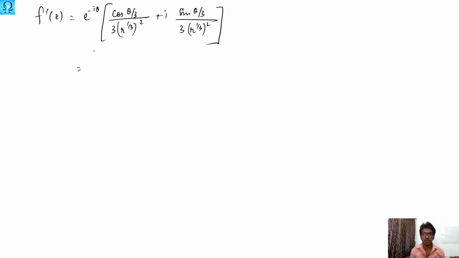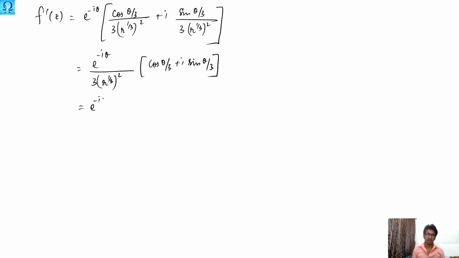Okay, if you take these things outside, you are going to have e to the power minus iota times of theta upon 3 r to the power 1 upon 3 whole squared, and this would be cosine theta upon 3 plus iota times of sine theta upon 3, and this may be written as e to the power minus iota times of theta upon 3 r to the power 1 upon 3 whole squared, and this becomes e to the power iota theta upon 3.